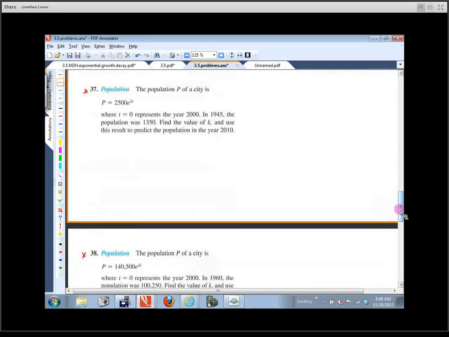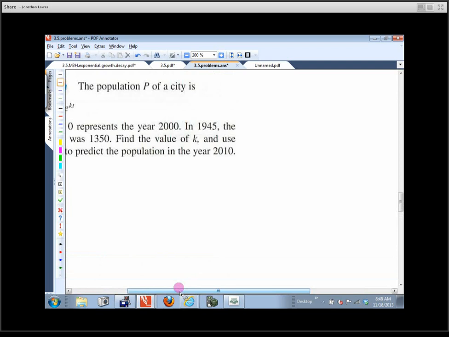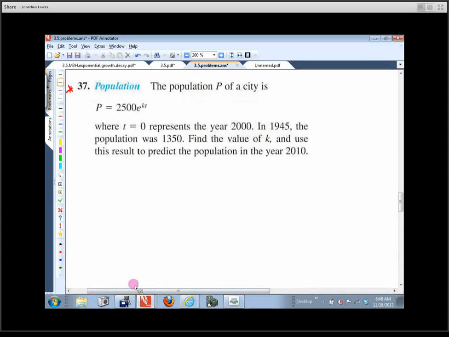37 is on your assignment, so let's take a good glance here. The population P of a city is represented by this right here. Okay, what's good and bad about this? Okay, did they give us the whole equation?